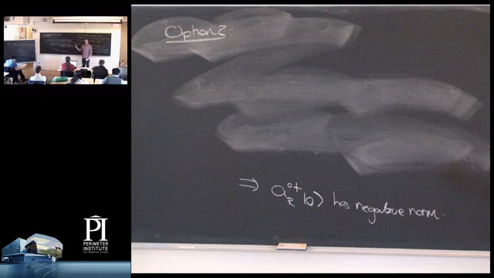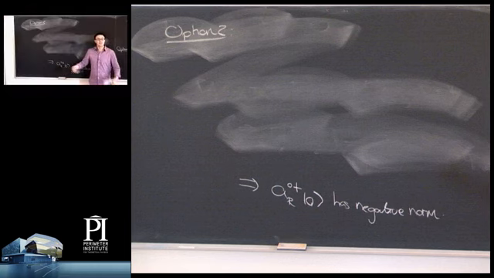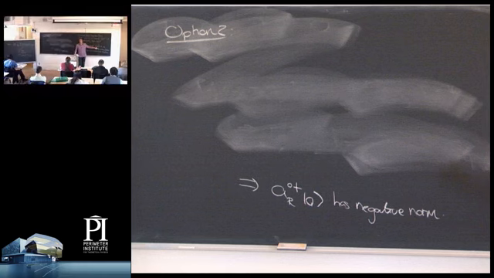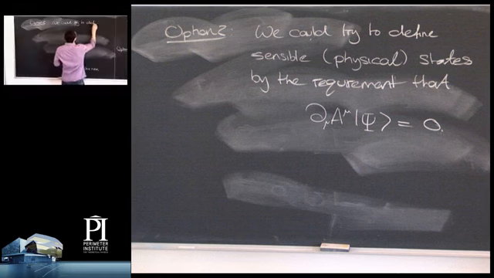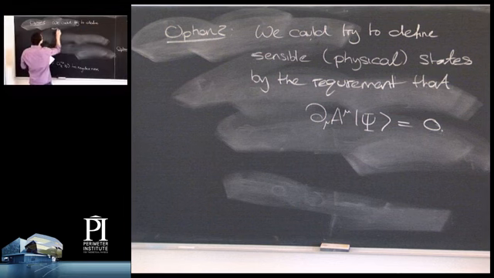The problem that we're finding in this theory is that the Hilbert space is sort of not as well behaved as we would like. It has negative norm states. So it seems sensible to try and impose this as a constraint on the Hilbert space that defines what the sensible states are. So option 2 is that we could try to define sensible states, where sensible really means the physical states.